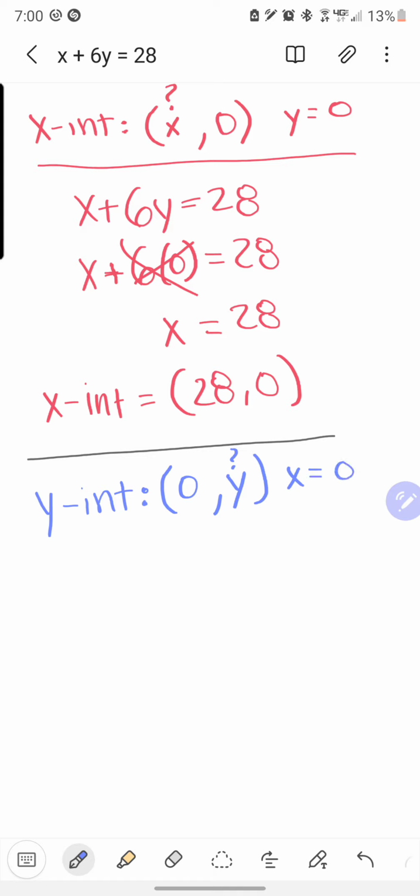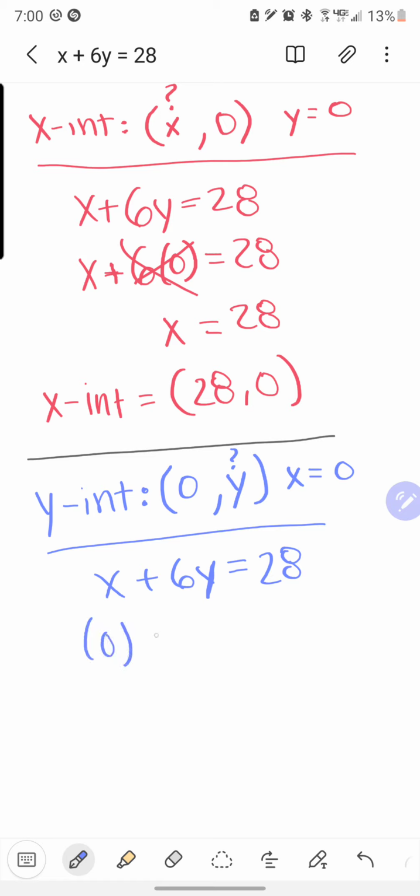Now we can plug in the x as 0 into the same equation to find the y-intercept. So let's rewrite the same equation, and plug in 0 plus 6y equals 28.